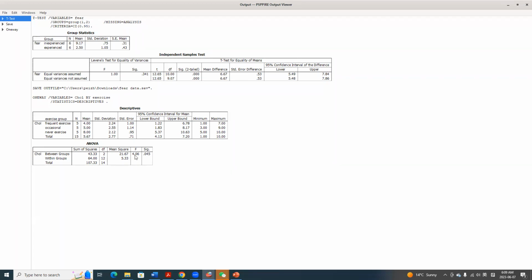And the F value is 4.06, significance level smaller than 0.05. It's just barely significant, but it is significant, smaller than 0.05.